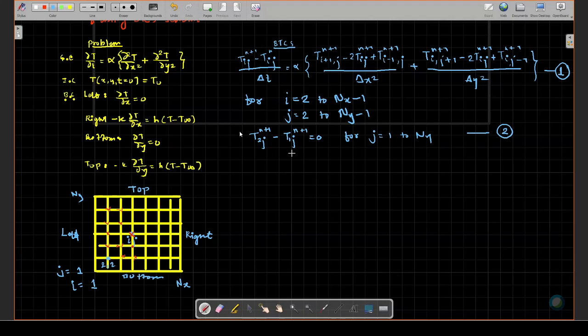Similarly, you can write the bottom boundary condition, or for the right boundary condition.